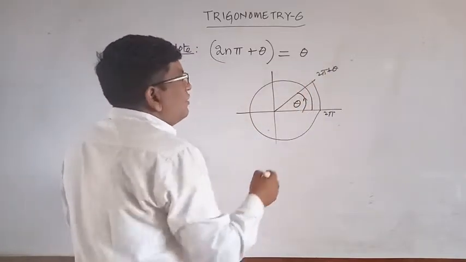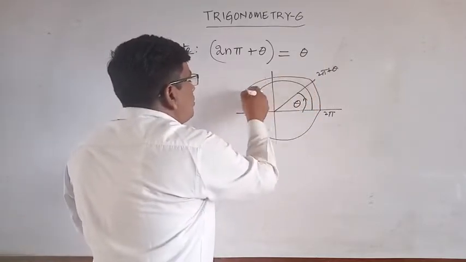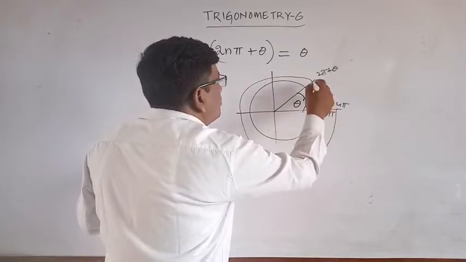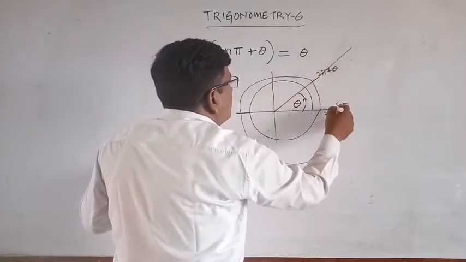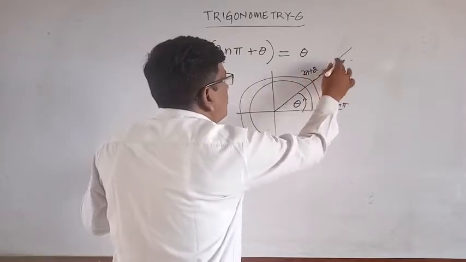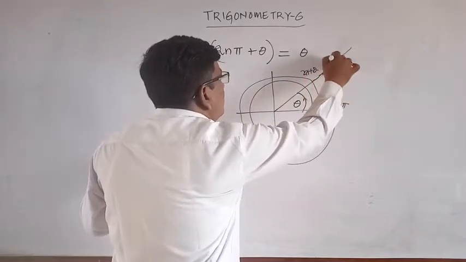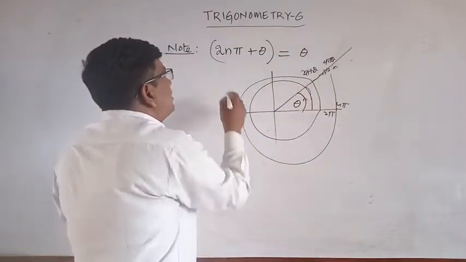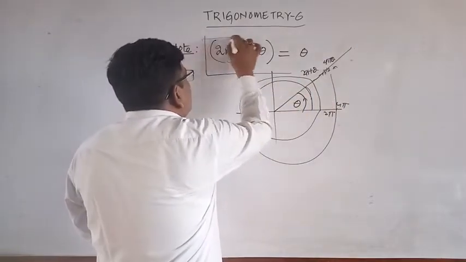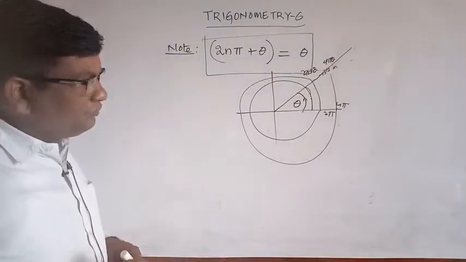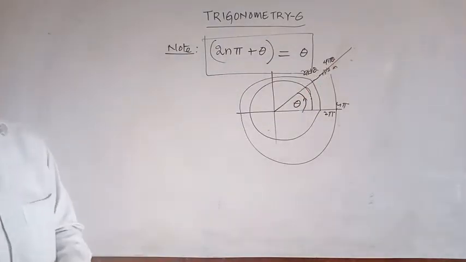Again rotate like this, this is 4 pi. So this line is 2 pi plus theta, and this is 4 pi plus theta. So in general 2n pi plus theta is equal to theta.